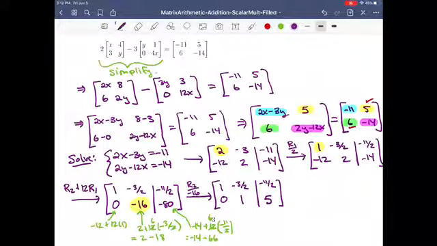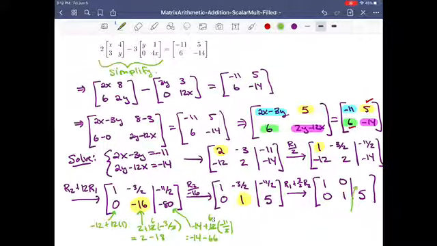Then my last step here, I'm still pivoting around that, but I want to make the negative 3 over 2 into a 0. So I'm going to do row 1 plus 3 over 2 row 2. Those are going to stay the same. This is going to become a 0.